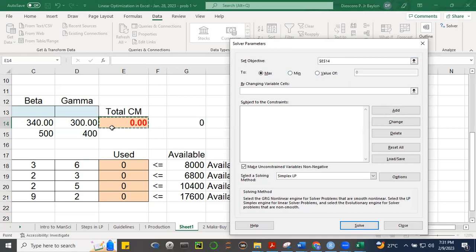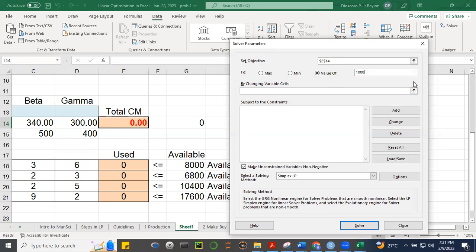Okay, so let's set our objective, which is this one. It is very easy for us to determine where our objective is because it's color-coded and you have the value there. And we would like to maximize that. If we were minimizing this, for example, it's a cost or another item that needs to be minimized, we just click minimize. And if we're toying with an idea where we would like to have a particular value for your CM, then we can put here, for example, 1,000.